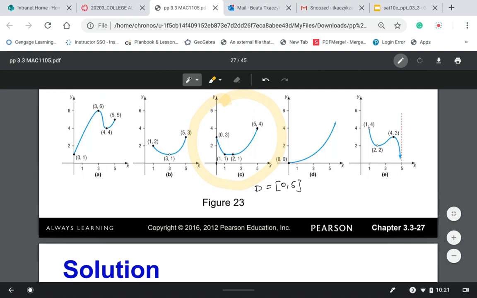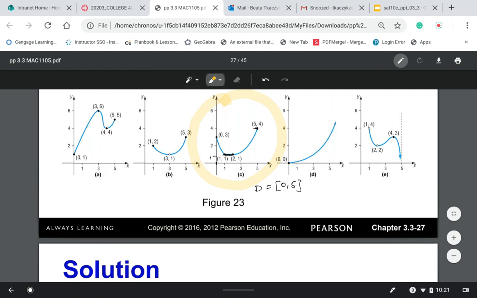It works because we have an absolute minimum at y equals 1, and an absolute maximum at y equals 4. So that's the extreme value theorem.